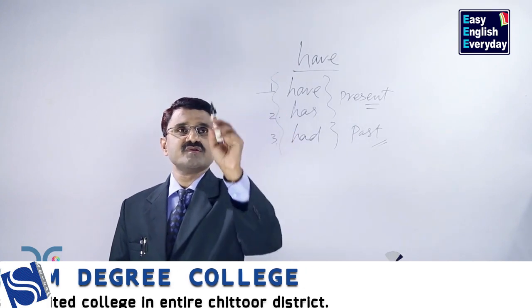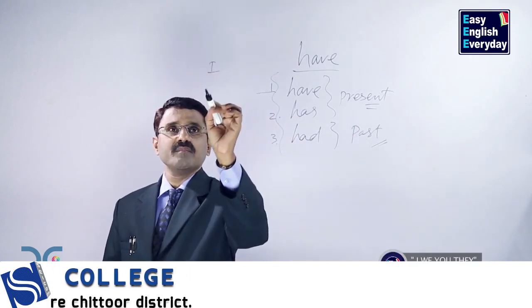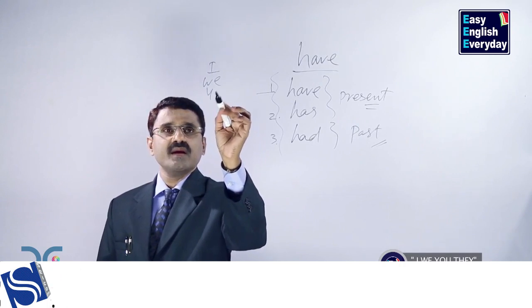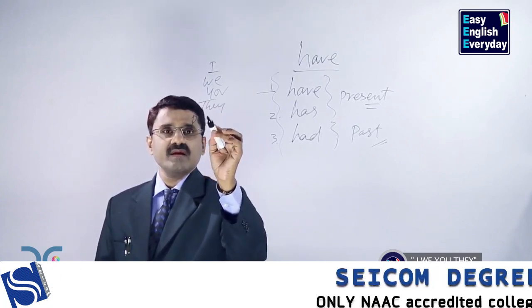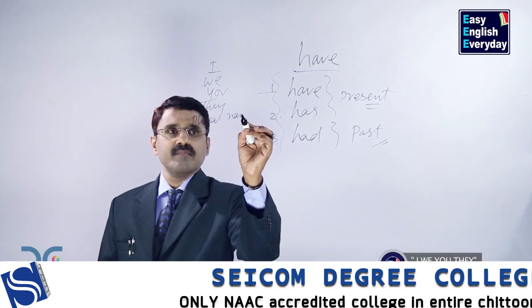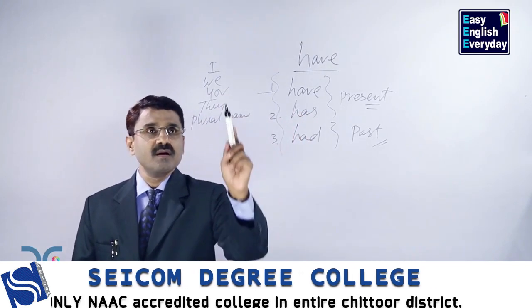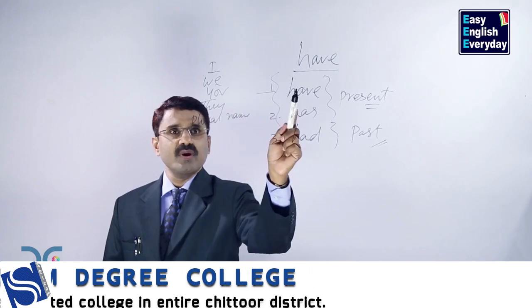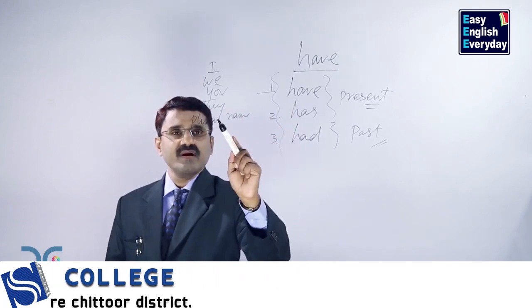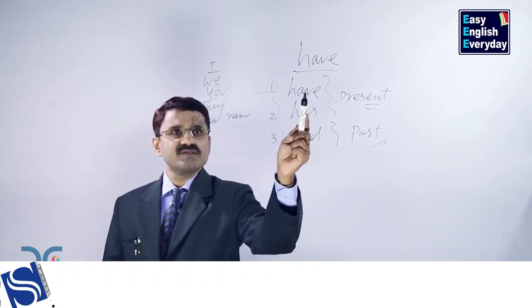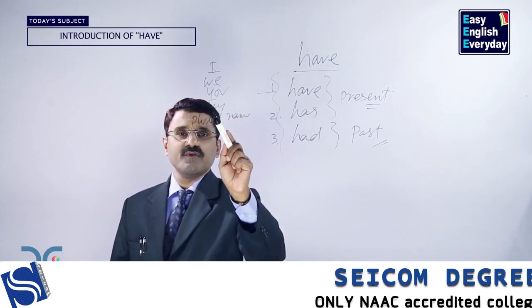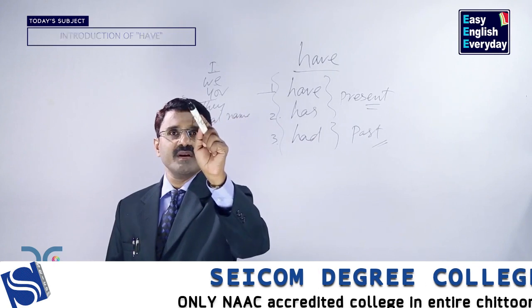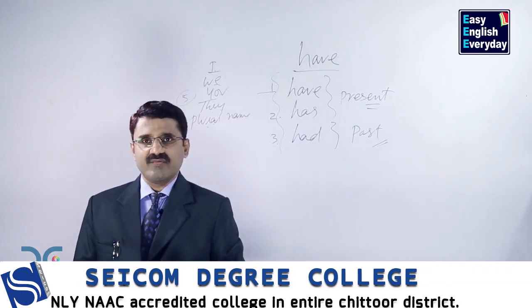Now have can be used by I, we, you, they and any plural name. I have, we have, you have, they have, children have, workers have, employees have. So 1, 2, 3, 4, 5. These 5 people go with have.